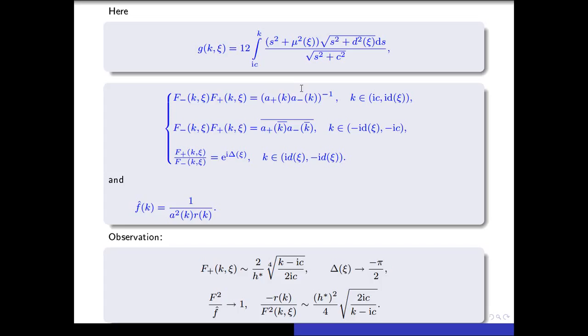G is determined in terms of quantities mu and D, and F can be found as a solution of the following conjugation scalar problem along the interval iC to minus iC.